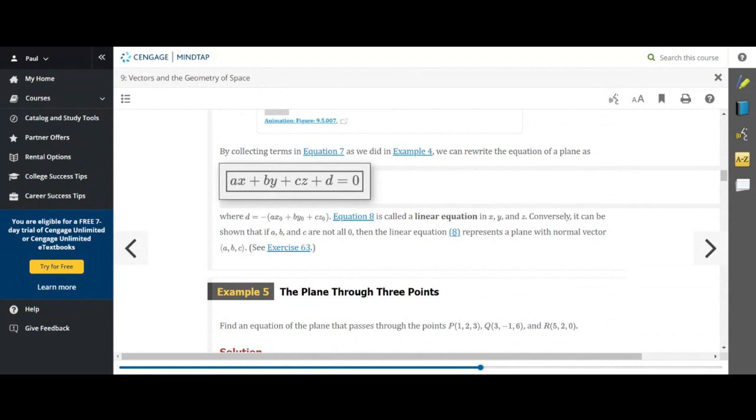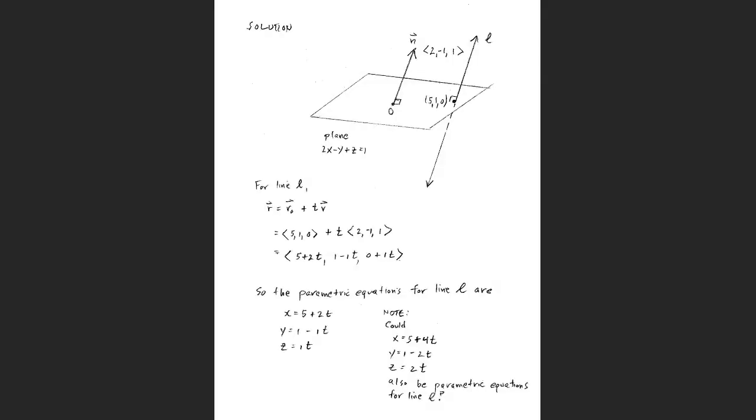So this is why in the previous example that we looked at, remember the equation of the plane was 2x minus y plus z equals 0. Let me go back to that. I always have to correct the picture: 5, 1, 0 would not be on the plane.